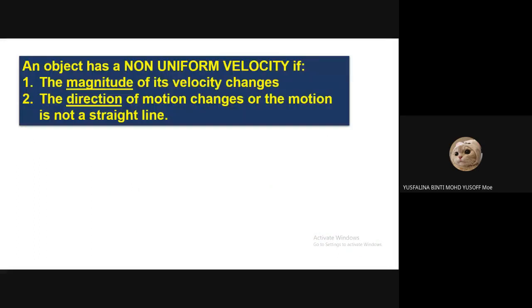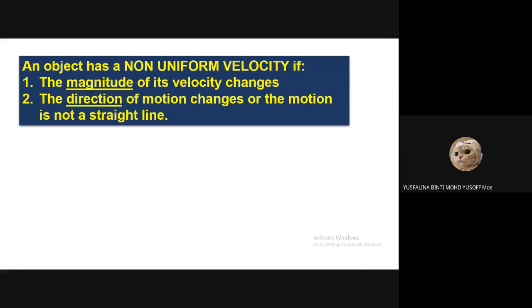Okay, next part. An object has a non-uniform velocity if the magnitude of velocity is changing, or the direction of motion changes, or the motion is not in a straight line. This one I already explained. For you to call the velocity uniform or not, you have to consider two things, magnitude and direction.